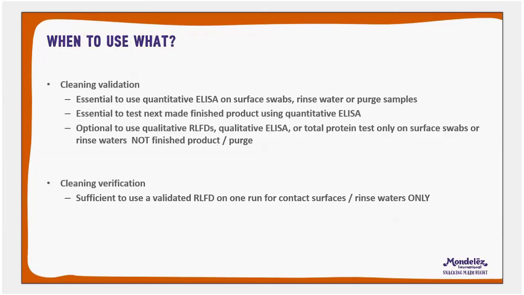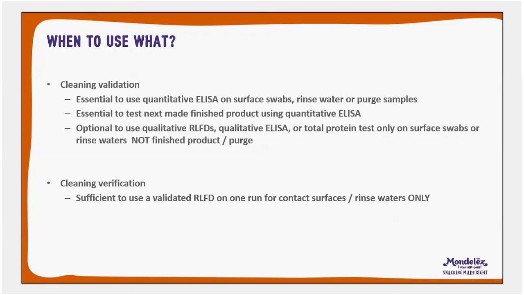If you're also testing for rinse waters in a CIP or purge samples, they will also be analysed using a quantitative ELISA test. When you're testing the next made finished product that does not contain the target allergen, you will also be using a quantitative ELISA test.